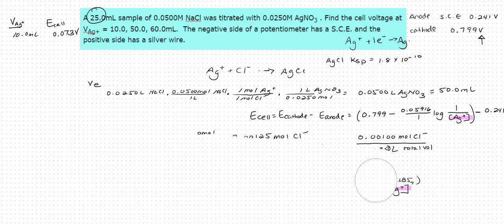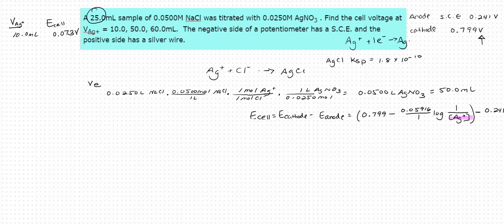Now let's calculate at the equivalence point. So at the equivalence point, we have taken all of our moles of silver, that was 1.25 times 10 to the minus 3 moles of silver, and we have reacted with 1.25 times 10 to the negative 3.